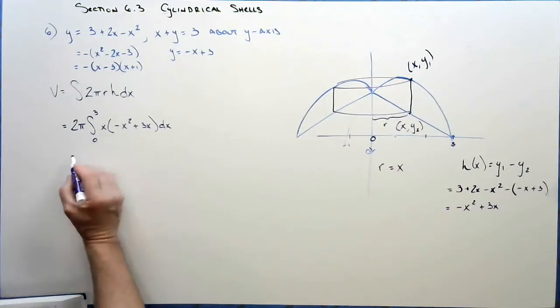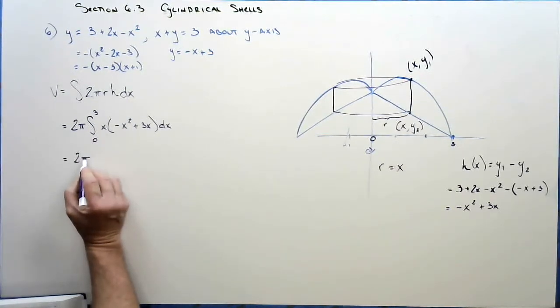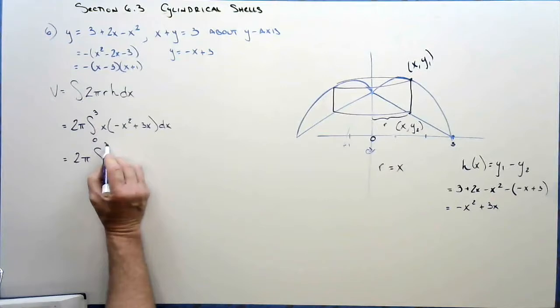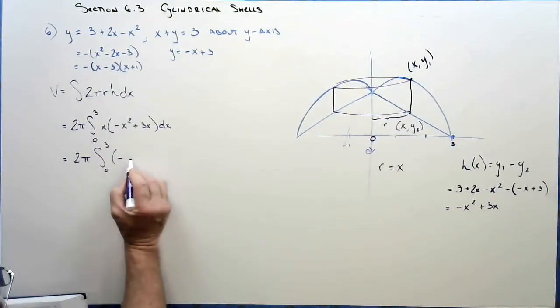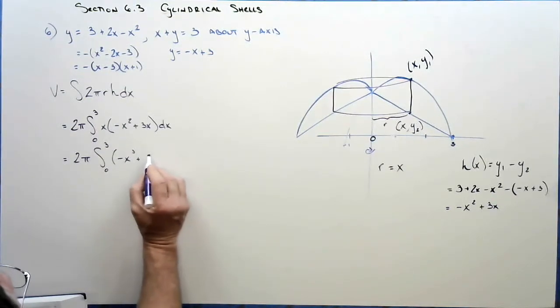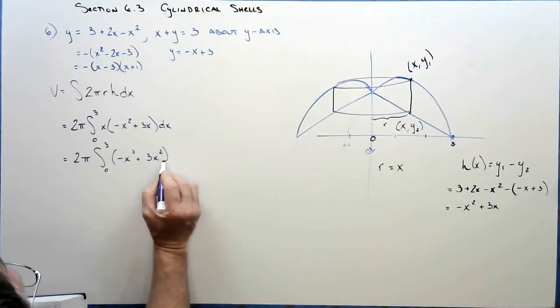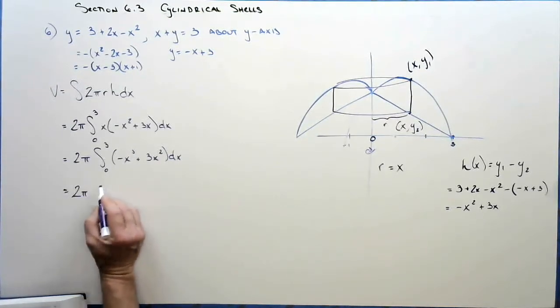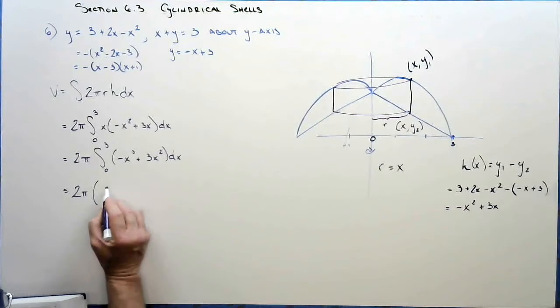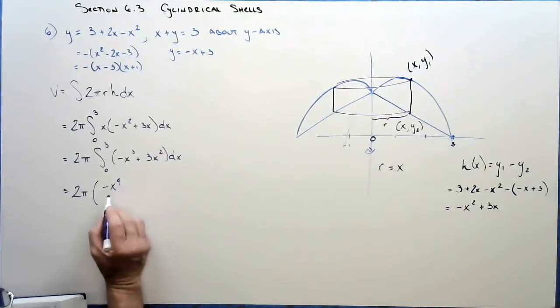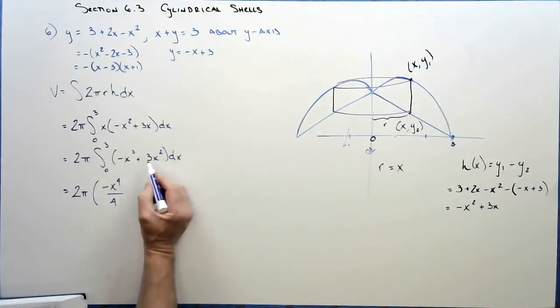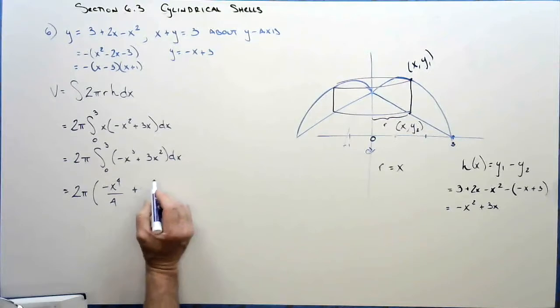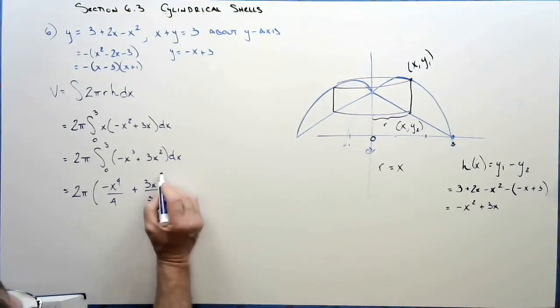We now just multiply that out. So that's going to be 2 pi times the integral from 0 to 3 of minus x cubed plus 3x squared dx. We integrate this, that's going to give us minus x to the fourth over 4. We integrate this, that's going to be plus 3x cubed over 3.